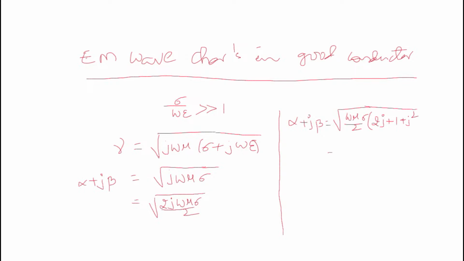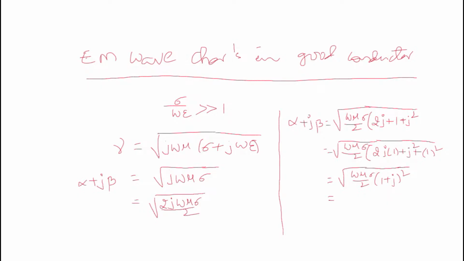And if you see this one, it is in the form of omega mu sigma by 2 into 2j into 1, plus j square, that is minus 1, plus 1 square. It is in the form of what? A square plus b square plus 2ab. So that's why it can be written as omega mu sigma by 2 into a plus b whole square, that is 1 plus j whole square.